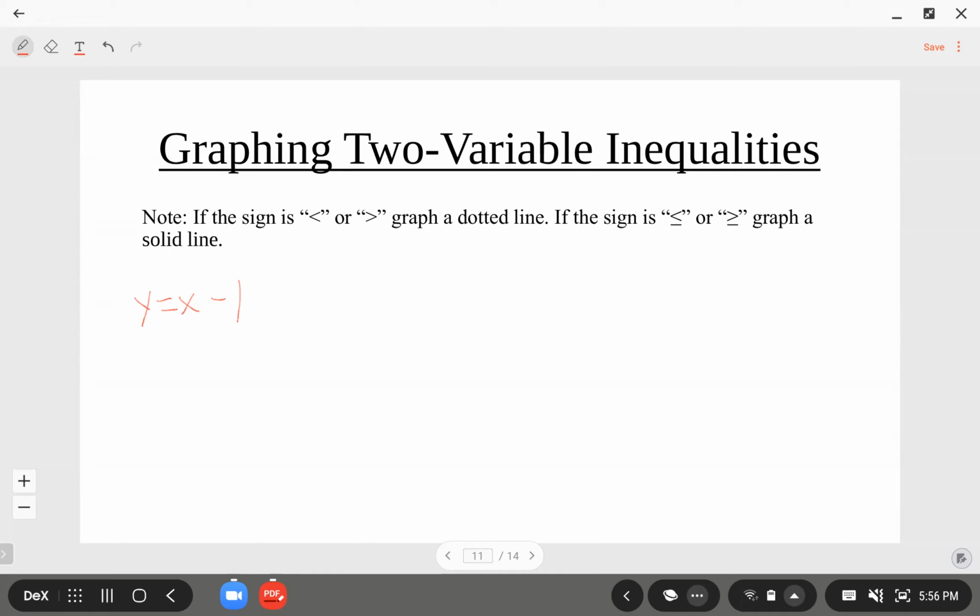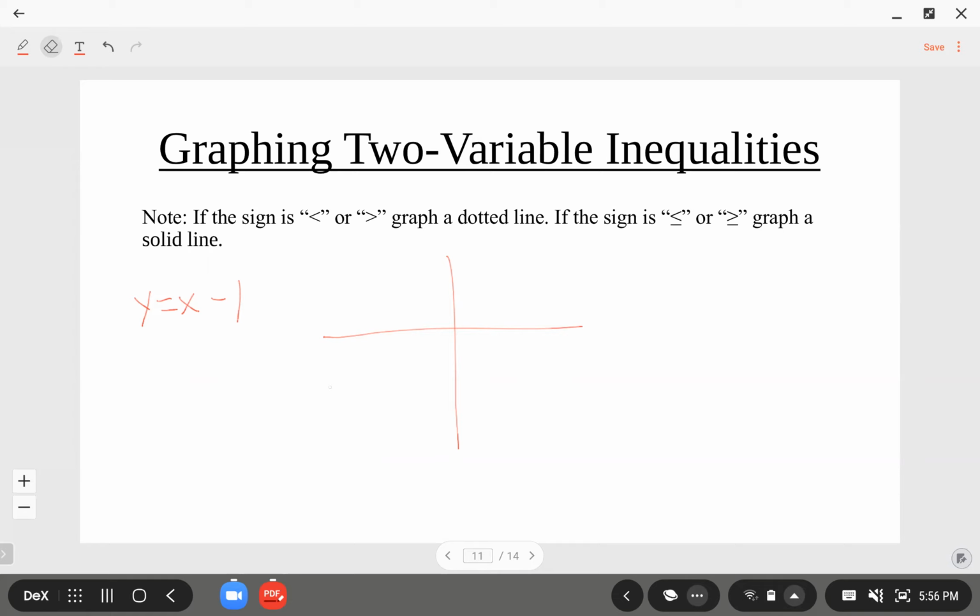So remember, now we're on a coordinate graph. When we were graphing algebraic equations in my last few classes, it went like this, right? Just lines on this coordinate graph.